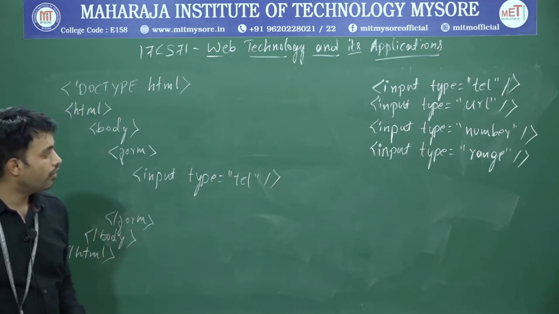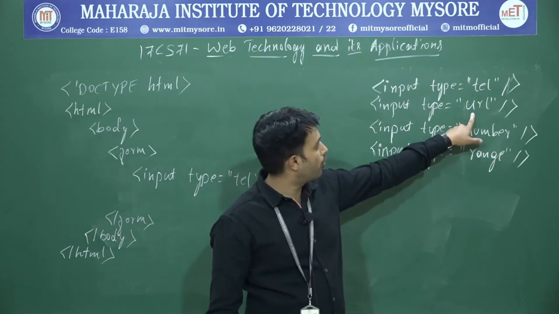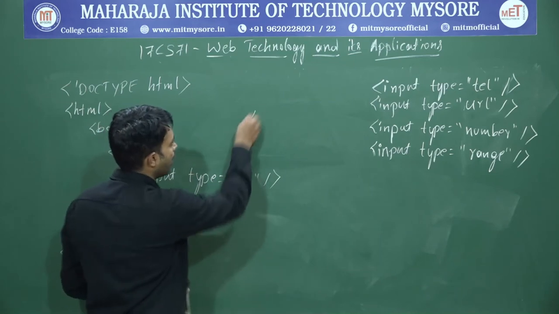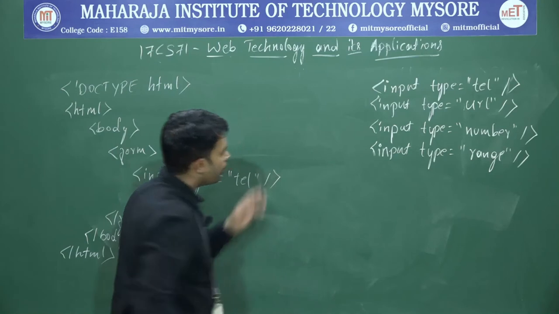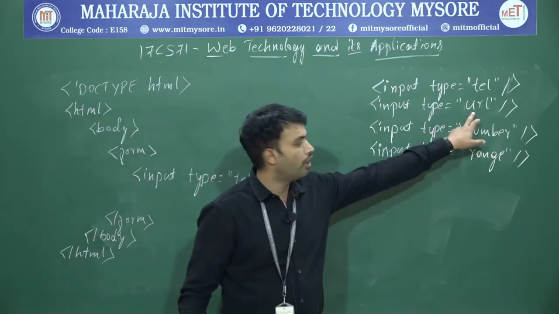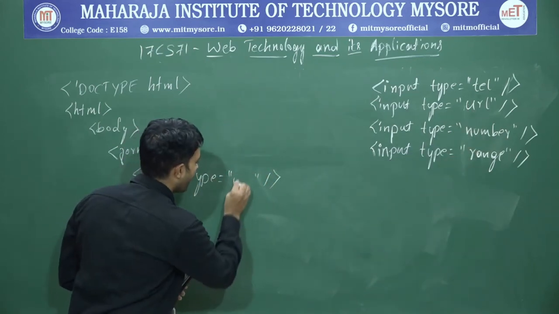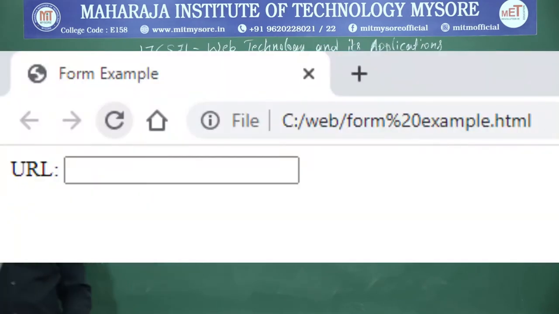Like that, we also have one more type called URL. You all know that a URL means you should follow some path with slashes, colon and so on. In order to evaluate it, we have one more type called URL. So instead of TEL, if I write URL and run this program, you can see one text box here also.